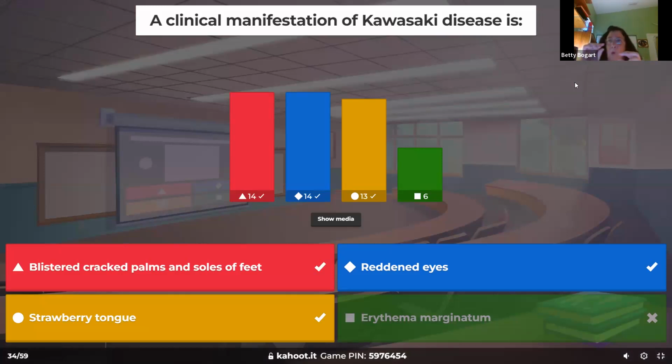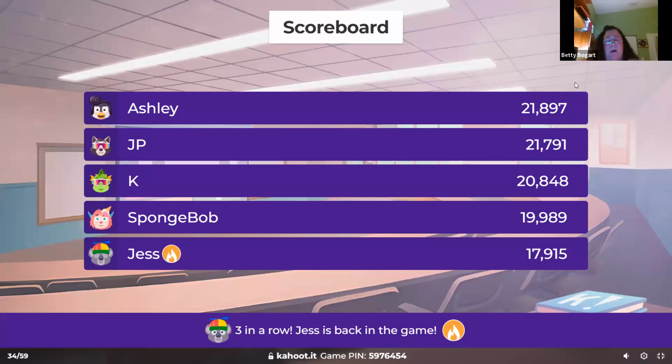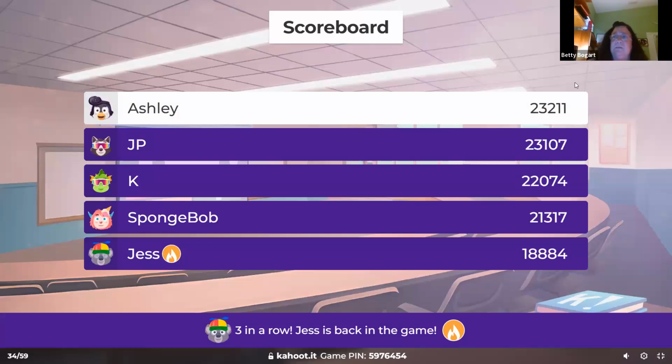It's more of a little tiny speckled sort of rash they see, but there is a rash, but it is the blistered cracks in the palms and soles of the feet, strawberry tongue and those reddened eyes, and you'll have really good fevers going on here. And we treat the fevers with the aspirin too, right? It works for the fever, and it does also work for preventing those clots.